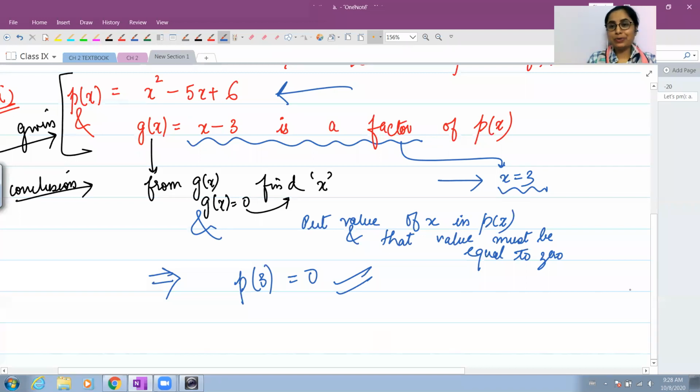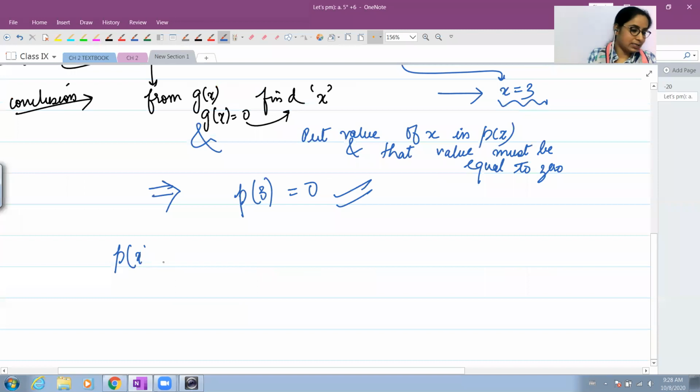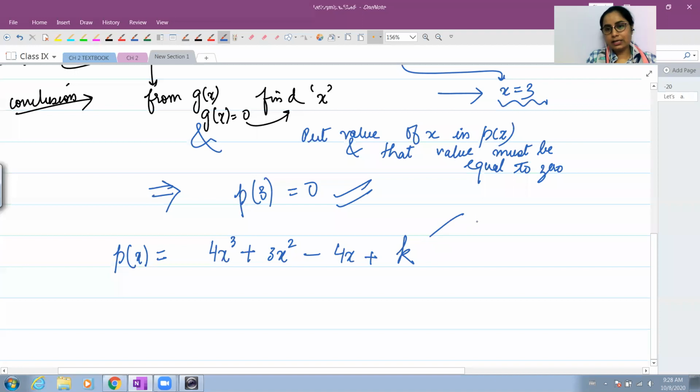Let me explain to you with the help of an example here. Let us say you have px equals to 4x cube plus 3x square minus 4x plus k. This k here is not a variable.